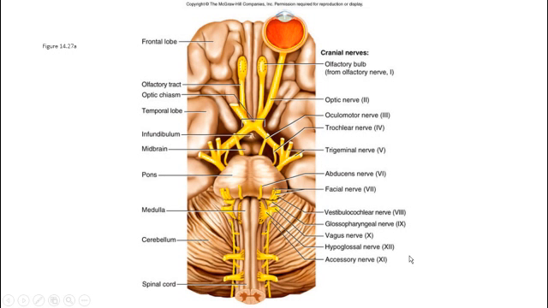And then the spinal accessory nerve, which actually helps innervate some of the muscles that we're going to be looking at when we get to the spine, like the upper trapezius. So these are the cranial nerves, and they do both motor and sensory functions. You might have noticed cranial nerves are numbered 1 through 12, but we always use the Roman numeral and not Arabic numerals. So cranial nerves are numbered with Roman numerals.